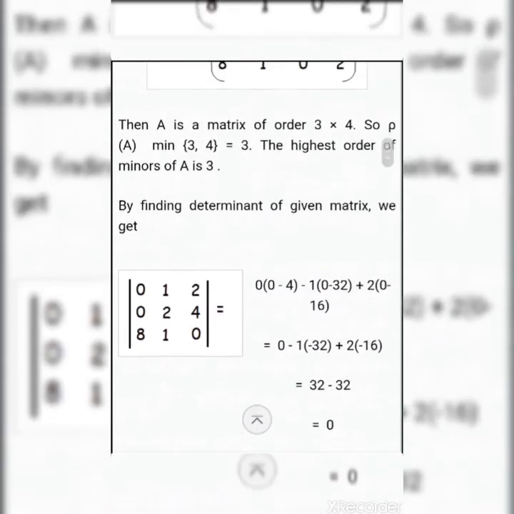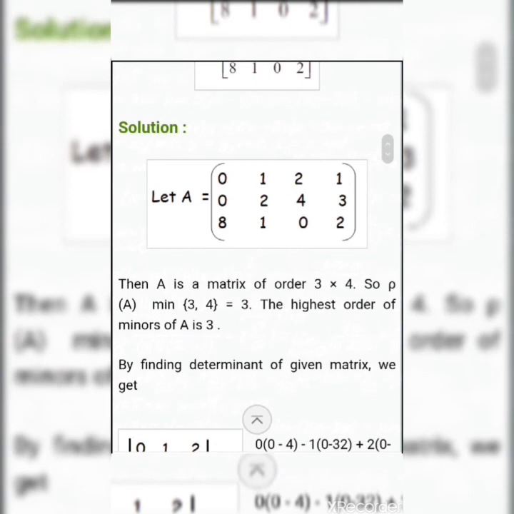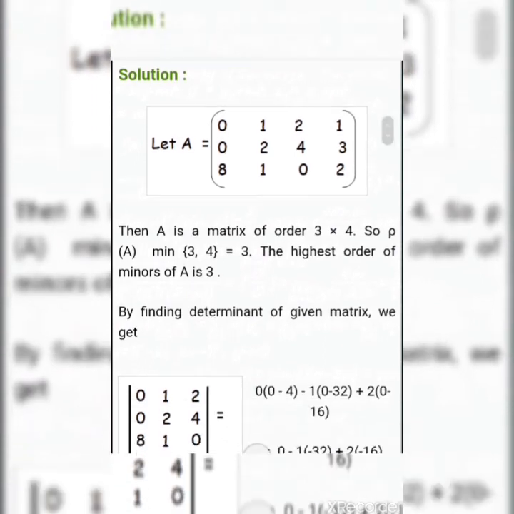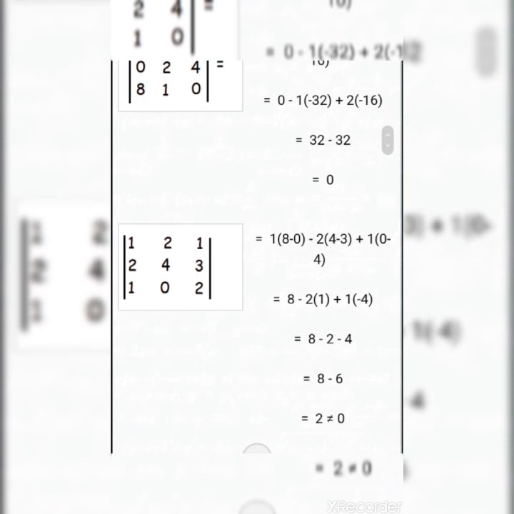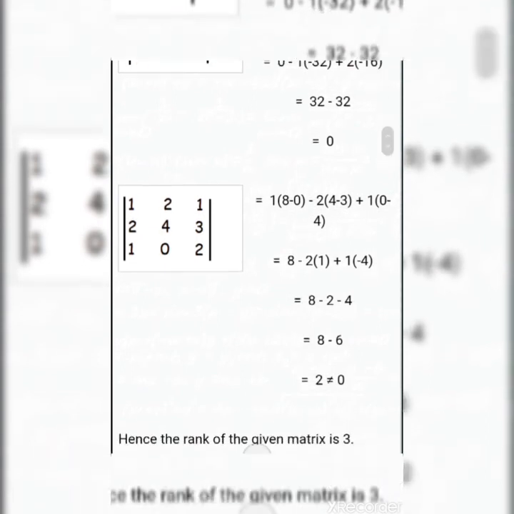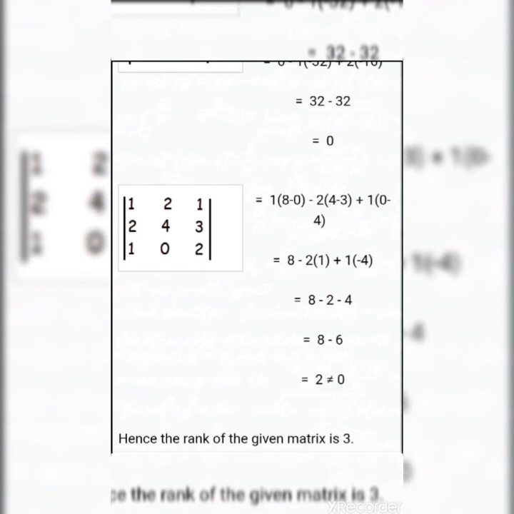For the given matrix of order 3 by 4, the minimum of the order is 3, and we get that the rank of this matrix is 3.